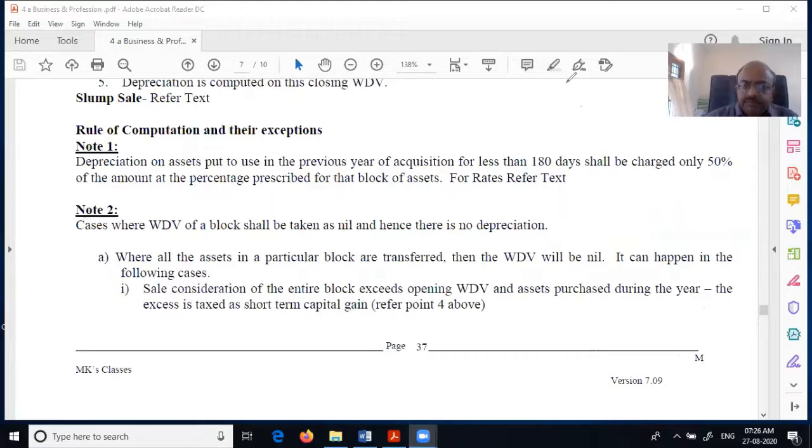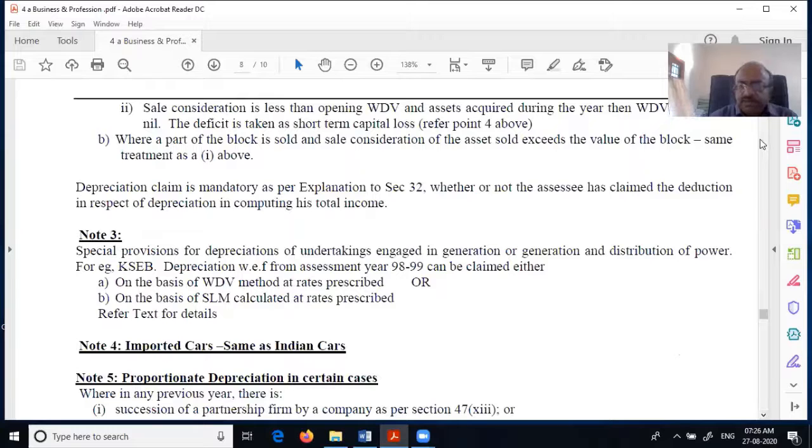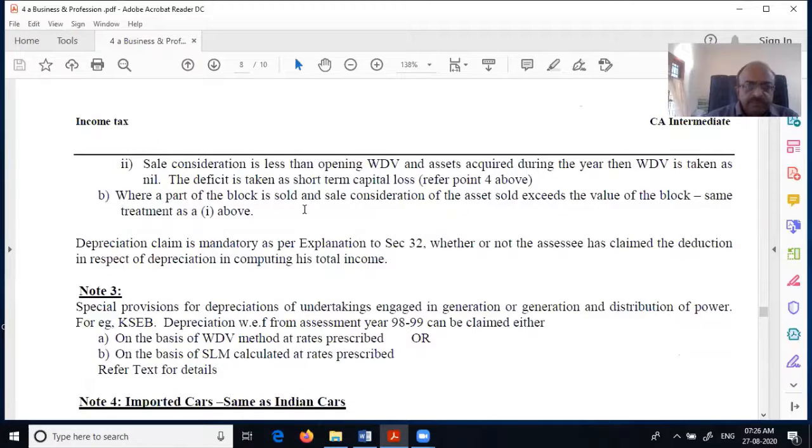Next, under this only. Suppose not all the block is there. Some assets have been sold, but the sale consideration is less than opening WDV and assets acquired during the year, then WDV is taken as nil. The deficit is taken as short-term capital loss.